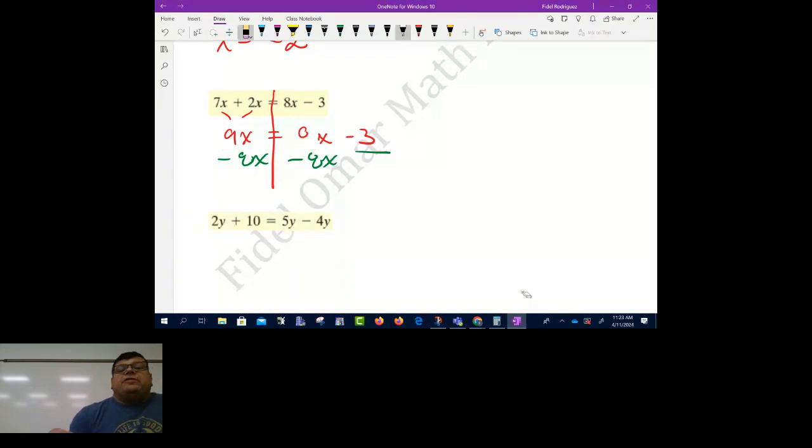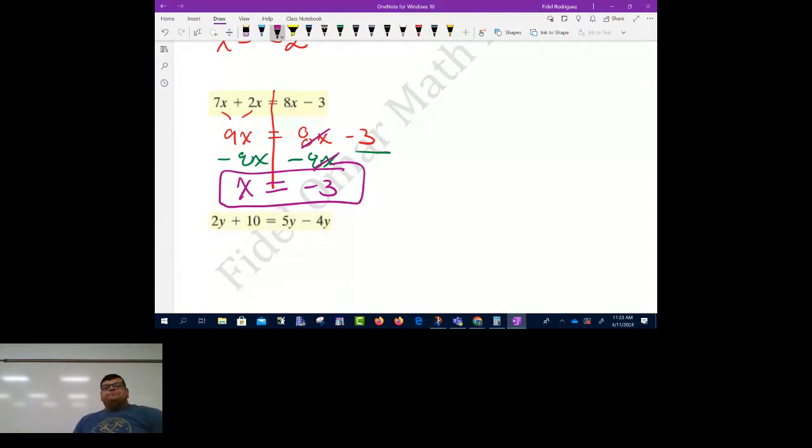Okay, let me get rid of that 8x by subtracting it, right? So that over here, those will go away, and 9x minus 8x is just 1x, and then there's my negative 3. Okay. Again, y'all, my objective here is trying to get the letter by itself, right? Whether it's x or y, it doesn't really make any difference, but I'm just trying to get that letter by itself. Okay.